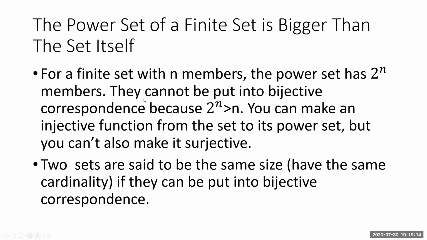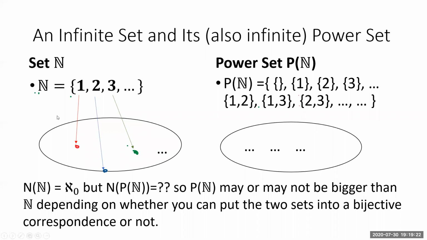When we're talking about a finite set, you can count the members, you come to a certain number, n. But what if you have an infinite set, like the set of all the natural numbers, 1, 2, 3, 4, going on forever, and you want to compare that with its power set?